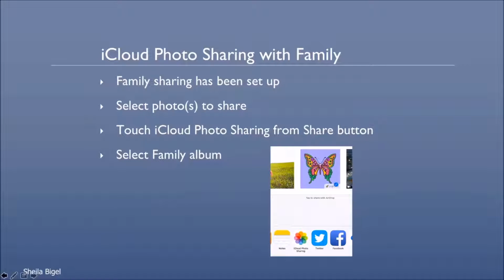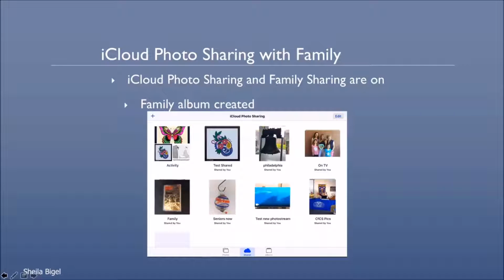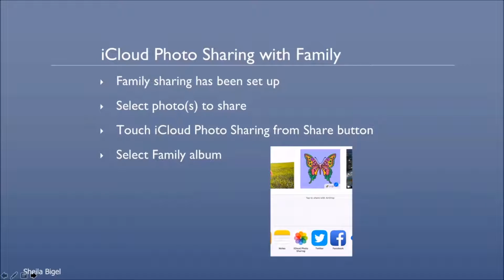Let's see if I can go back. And this is the screen, and you can see that your family album is now showing. So once you select the photos to share, you touch share, you select iCloud photo sharing, and then select the family album, and those photos will be added to the family album that all your family members can share.